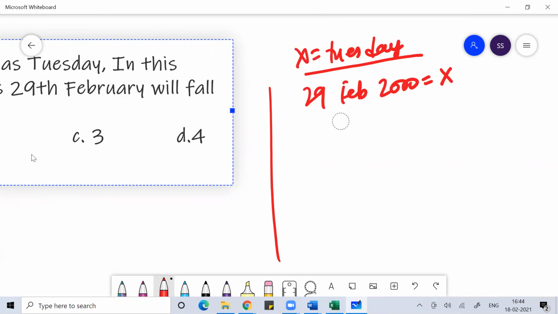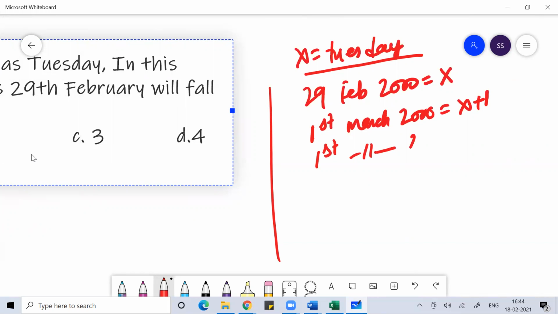29 Feb will come after 4 years, but March and Feb come every year. So I can take 1st March 2000, which will be x plus 1. 1st March 2001 will be x plus 2. 1st March 2002 will be x plus 3.